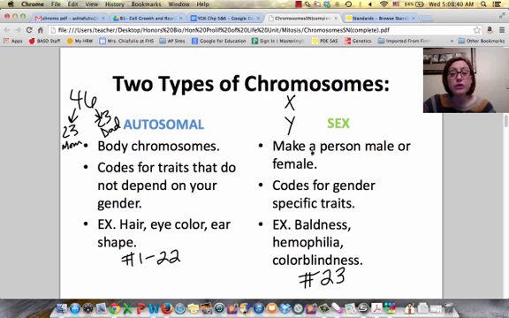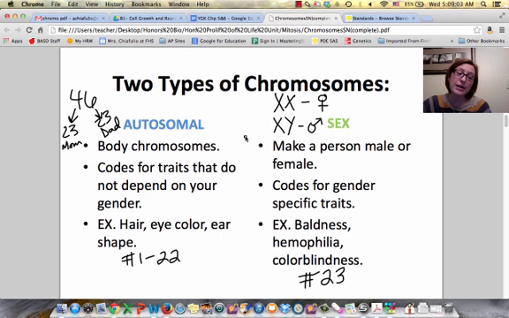Since we get 2 of every chromosome that we have, right, to make a pair, then this determines your gender. So if you inherit an X from mom and an X from dad, then that is going to make you female. But if you get an X from your mom and a Y from your dad, then that is going to make you male.